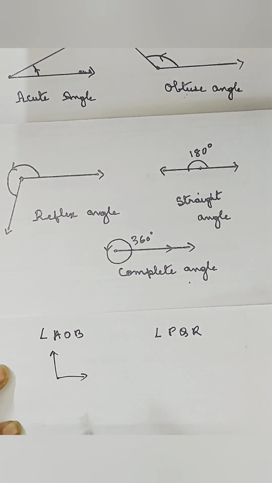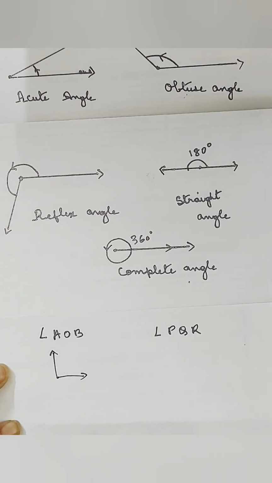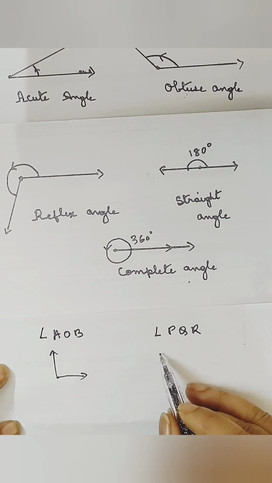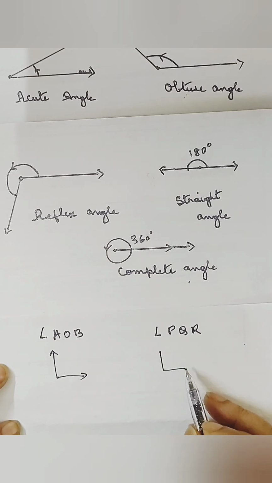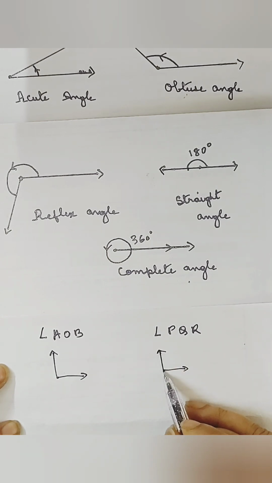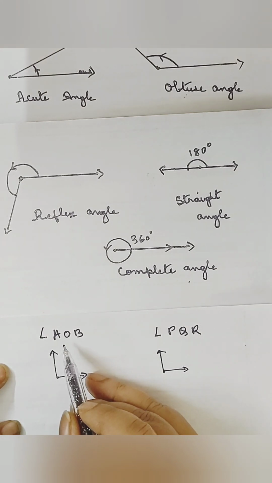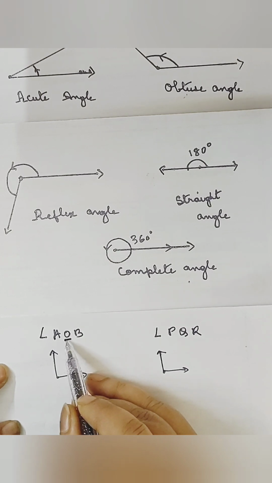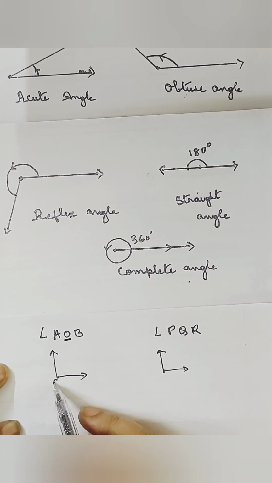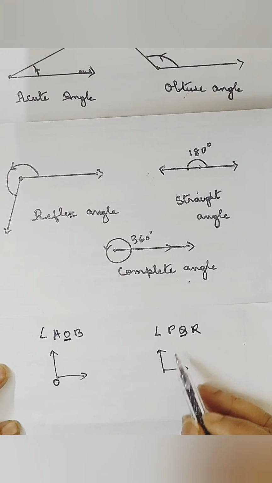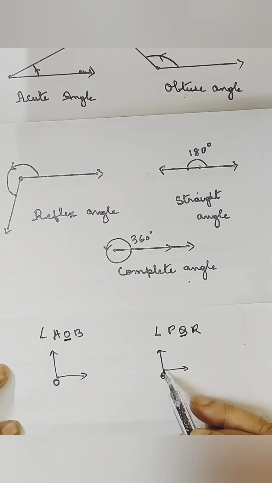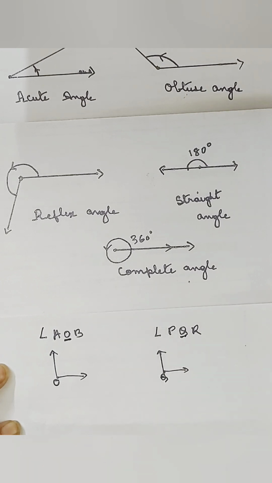Where to write A, where to write B, where to write O, you must know that. Same in the case of angle PQR, two rays are meeting at a point. Now where to write P, where to write Q, and where to write R. Now see students, one thing: always the middle one, this is O, this middle one must come to the vertex, that is the point. Here also the middle point is Q, so Q must come to the point where the two rays meet.